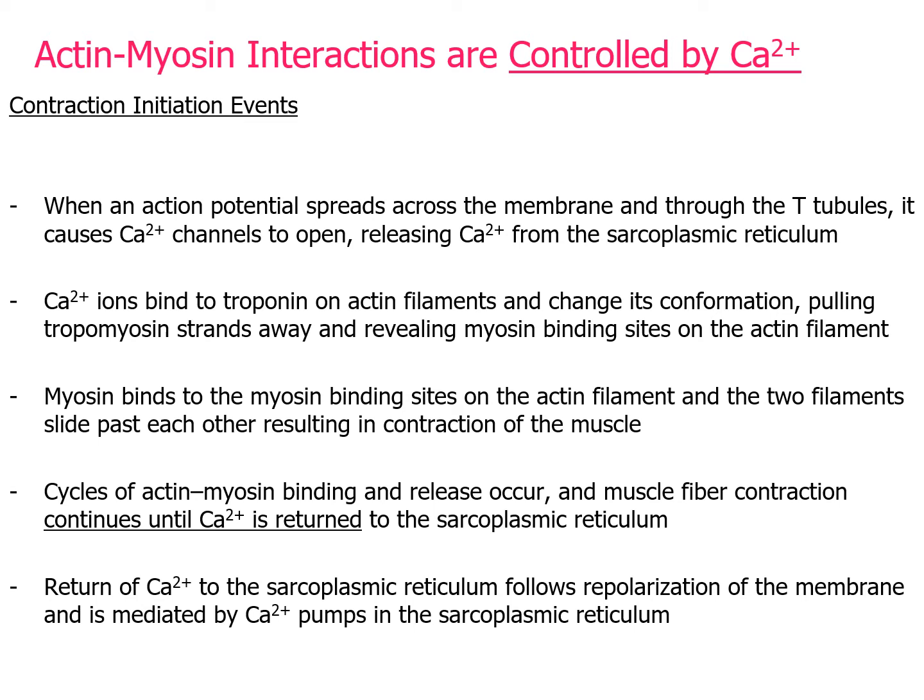In fact, what's actually going on is that the calcium binds to troponin, part of the actin filaments. So the thin filaments have troponin on them, and that changes the shape of the troponin. Actually, no, it's not quite that way.